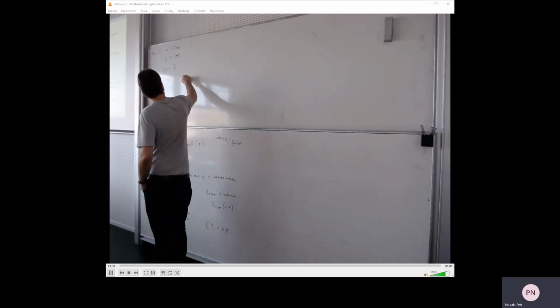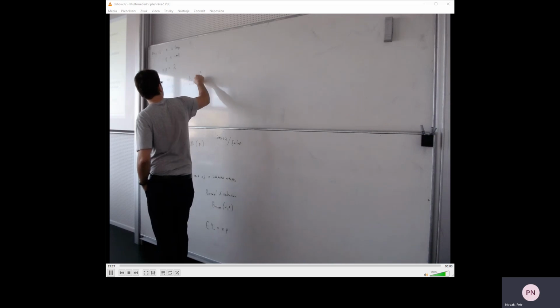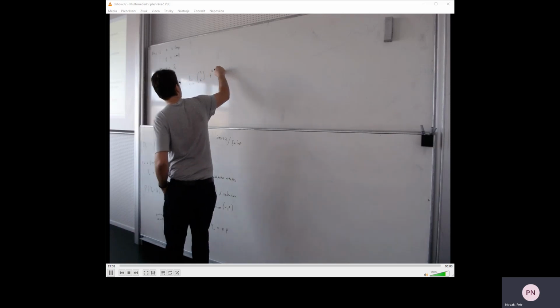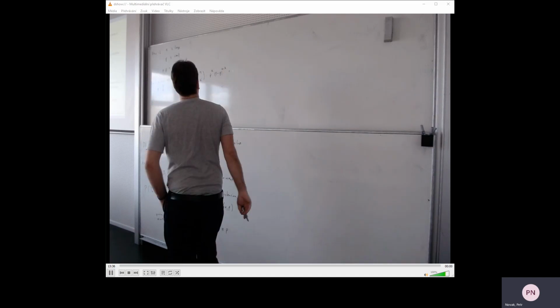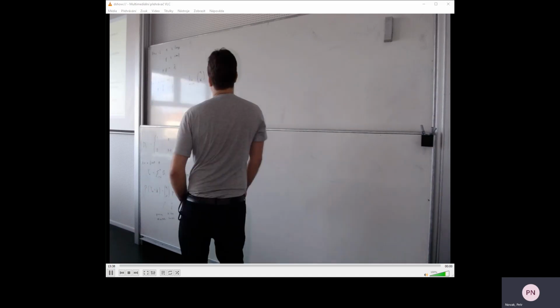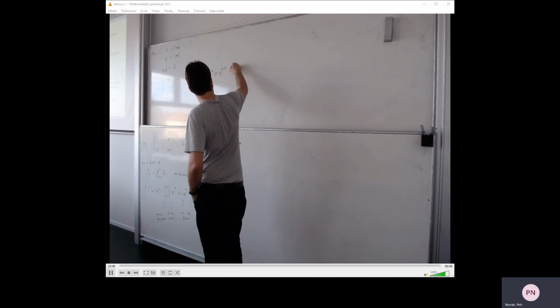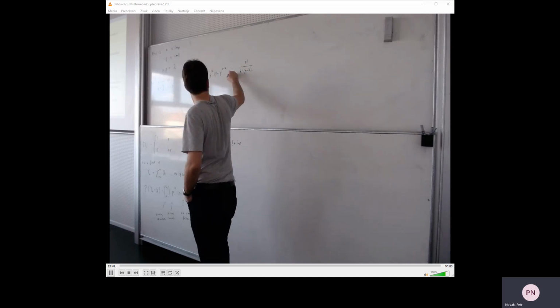Then the probabilities, the limit of n goes to infinity, n choose k times p to the power of k, 1 minus p to the power of n minus k. Let's see how this works out. We know what the binomial coefficient is: n factorial over k factorial times n minus k factorial, right?